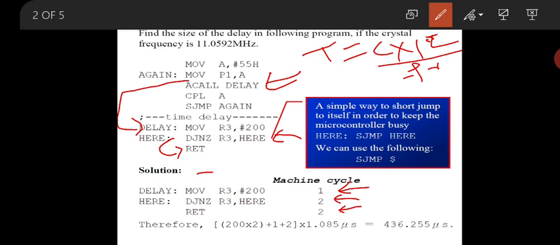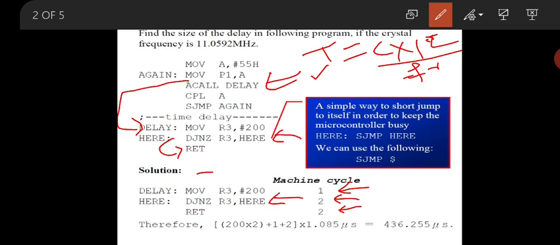What is the standard equation to calculate the total delay? T is equal to C into 12 divided by frequency, where the frequency is 11.0592 megahertz. In the delay program, which instruction is repeated 200 times? DJNZ R3.